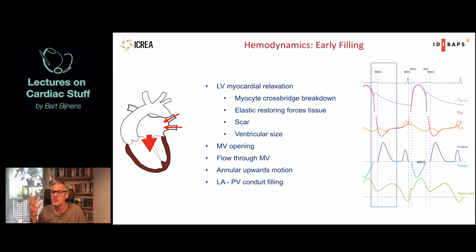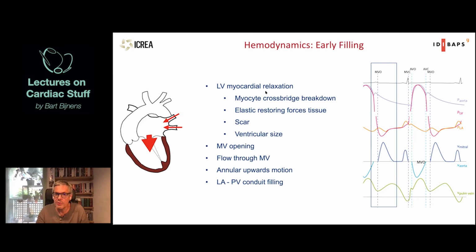And keep in mind that that's also the process that consumes energy within the cells. It's not the contraction itself, but the breakdown that uses ATP. So chemically, this is where you use the energy. But what is important is that this is finished by the time that the aortic valve is closing, where we have the recoil of the tissue.